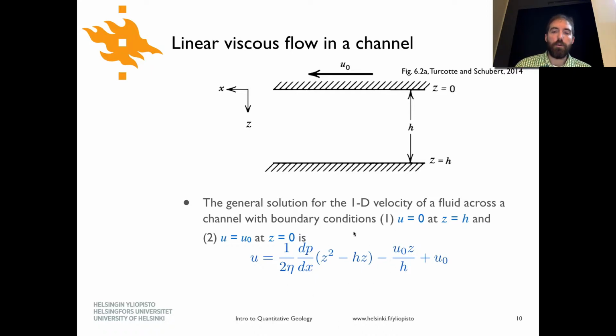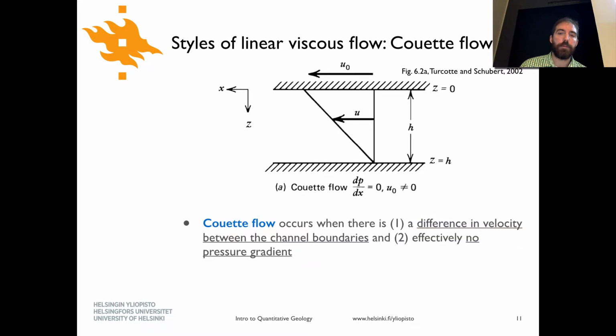This is the general form of some velocity equation that you could use to calculate what the velocity would be of this fluid in the channel. We'll simplify this just a little bit. But these are nice illustrations to get some idea of how these viscous fluids behave.